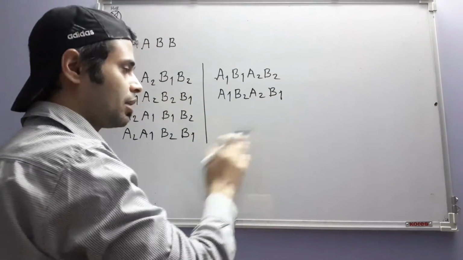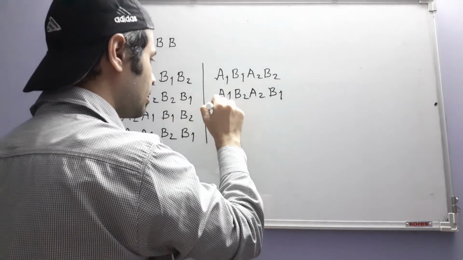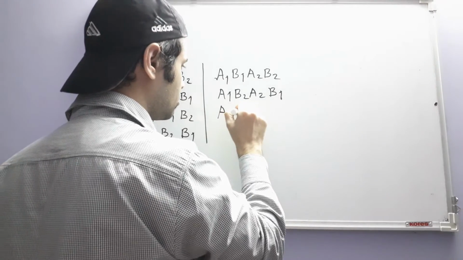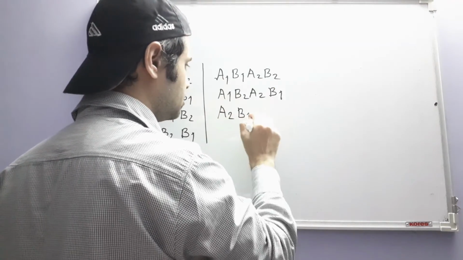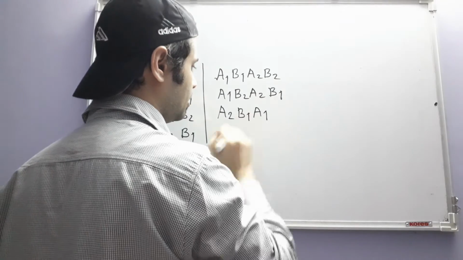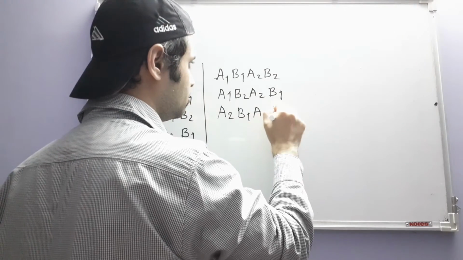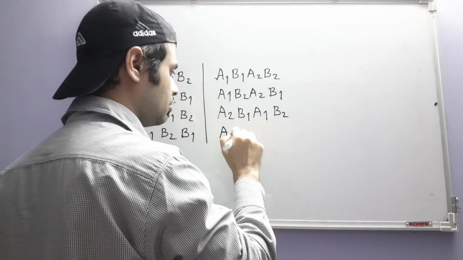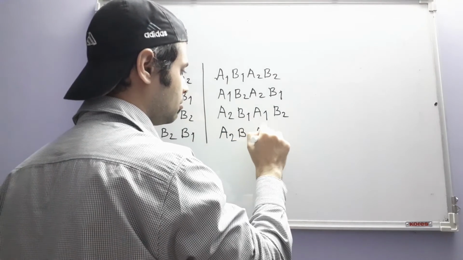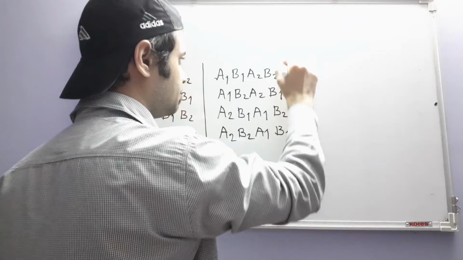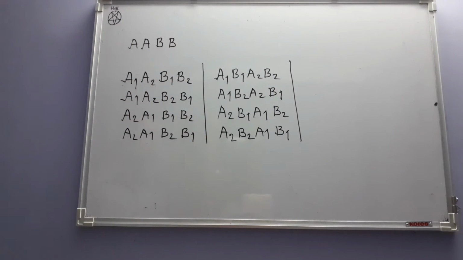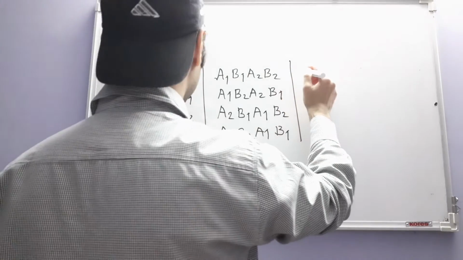I have swapped B1 and B2. And I can swap A1 and A2 keeping B's fixed. Fixed means this arrangement: A2, B1, A1, B2, and then I can swap both A and B: A2, B2, A1, B1. But this can also be written in some other ways also.